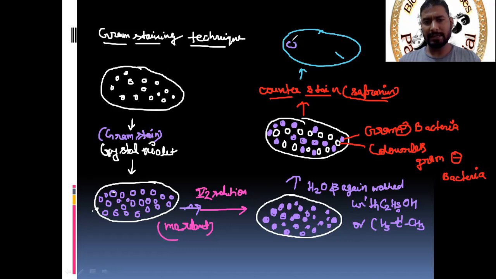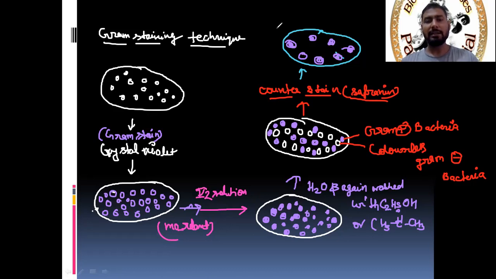The purple color bacteria will not take the stain, because they already have the purple color and are already stained. So why would they take the stain? The purple color bacteria will remain as usual.